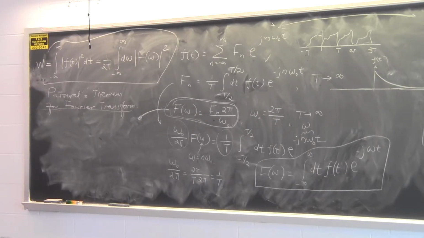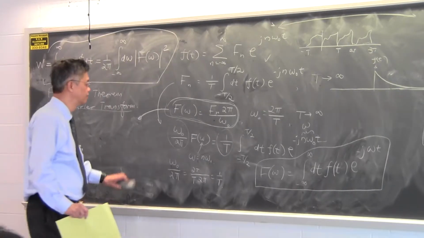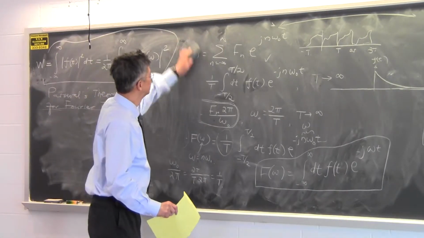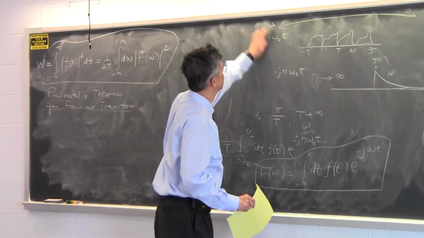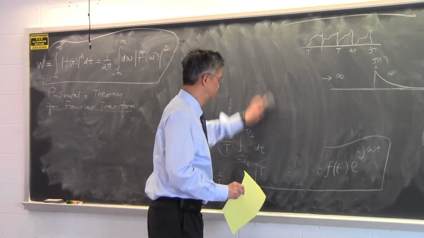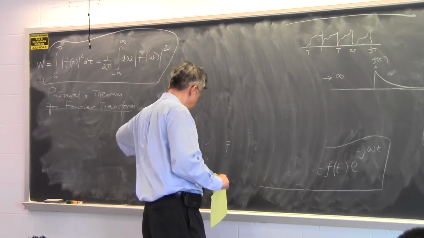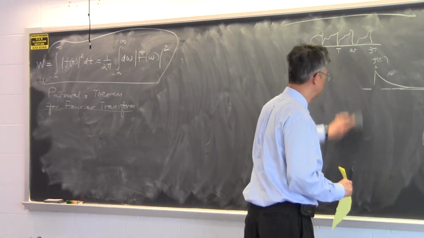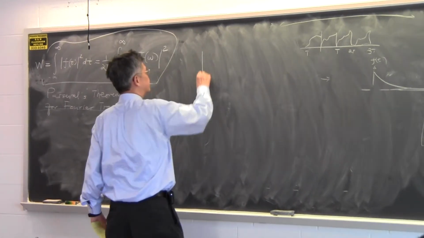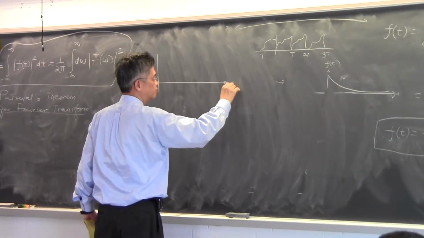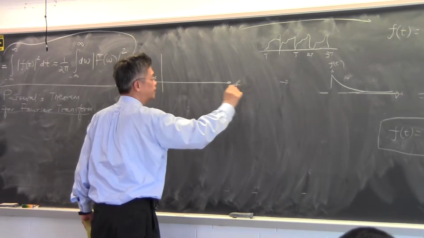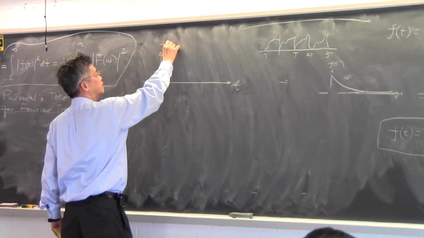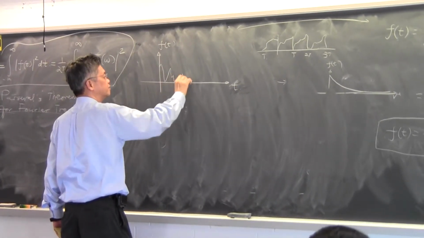So you can see that if you have a signal, a function of t, f of t, the signal might look something like this.